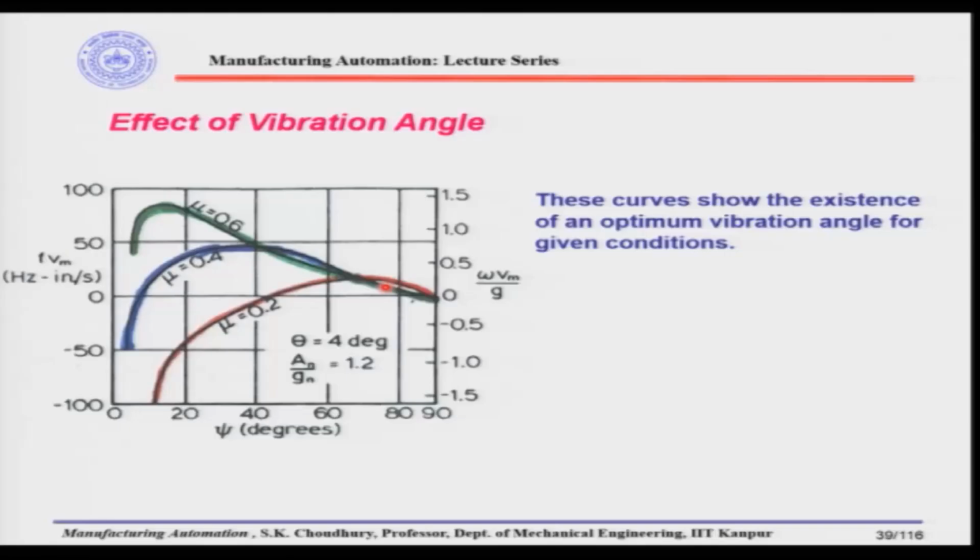For the effect of vibration angle, there is an optimum vibration angle for different values of mu s, the static coefficient of friction. As we increase the vibration angle, F into Vm increases, becomes stable after some time, and then decreases, because of the same effect we saw in the case of track acceleration.